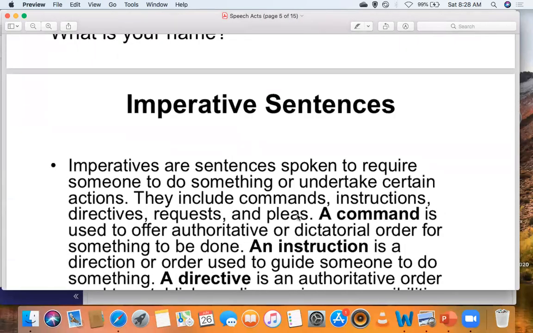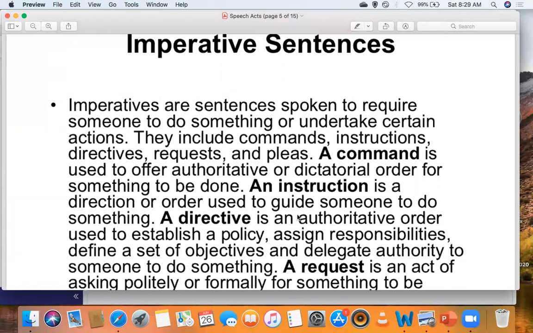Then we have the imperative sentences. Imperatives are sentences spoken to require someone to do something or undertake certain actions. Whilst interrogatives require someone to provide information, imperatives require someone to do something. That's why they are called imperatives. They include commands, instructions, directives, requests, and pleas.